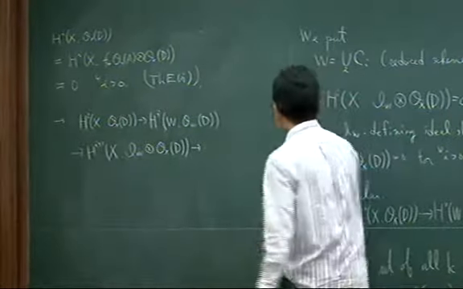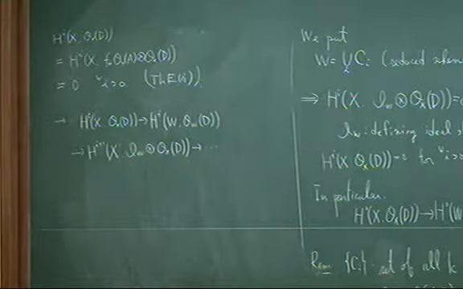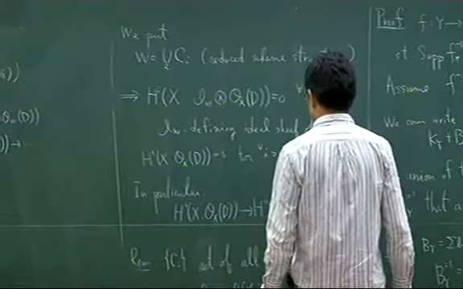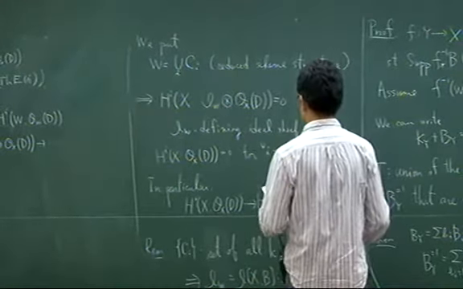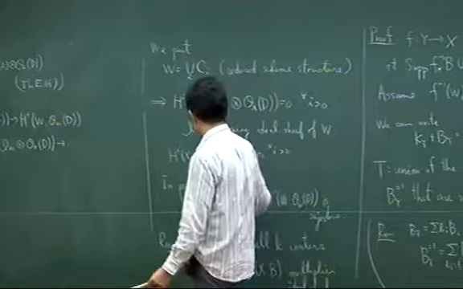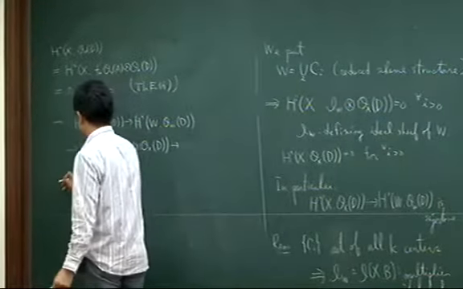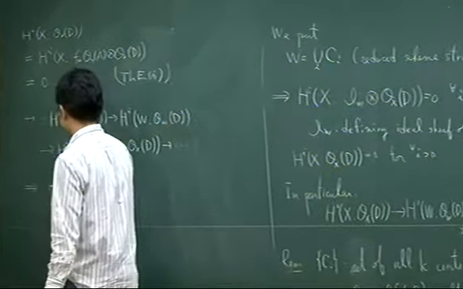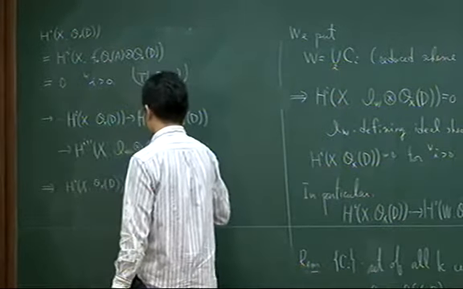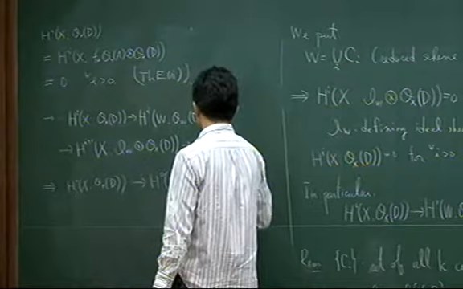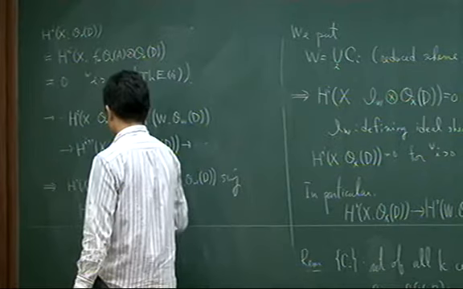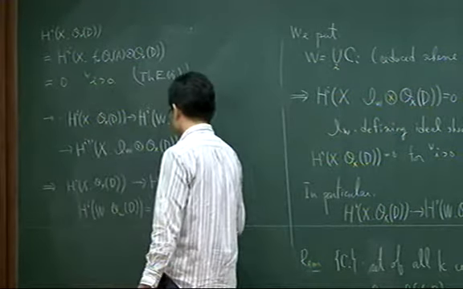By using this long exact sequence, we obtain this surjection, and so the restriction map is surjective and H^i(W, O_W(D)) equals 0 for positive i.